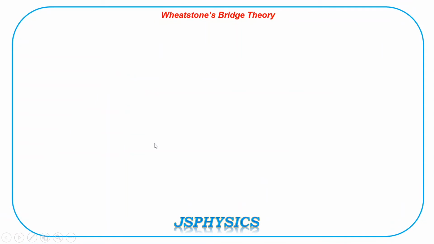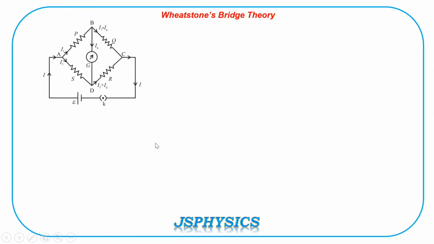Let us analyze its theory. Again, this is the same circuit. Now, here we have two junctions, A and C. So if we apply Kirchhoff's law at junction A or C, we get current I is equal to I1 plus I2. Now, if we apply the second Kirchhoff's law to loop ABDA and BCDB, then we can get equations like this.